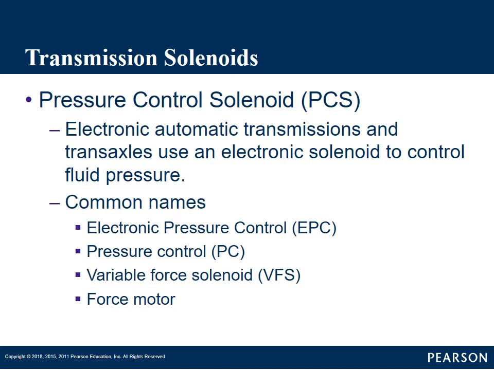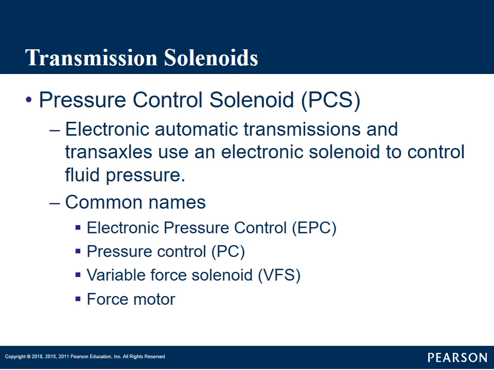Our other type is our pressure control solenoid. This is what directly controls our mainline pressure. No longer are we using a pressure regulator valve. Well, I'll take that back. We're using a pressure regulator valve, but we're using this solenoid to control it. If we want more pressure, we put more pressure against the valve or exhaust less pressure.